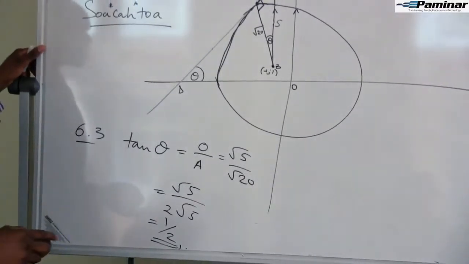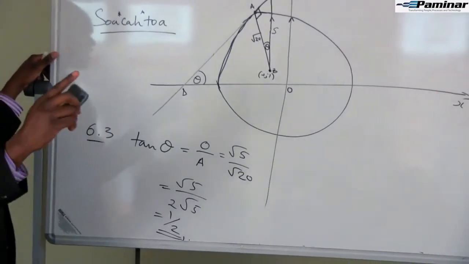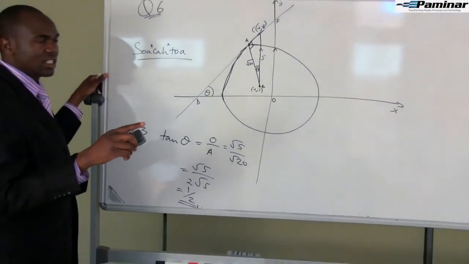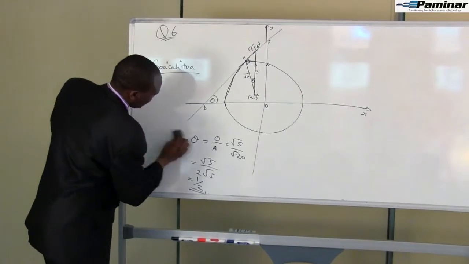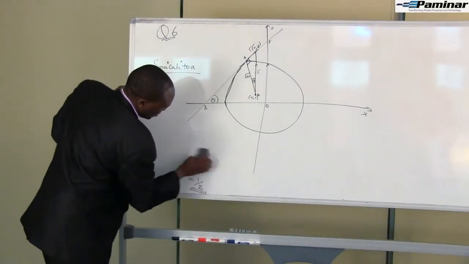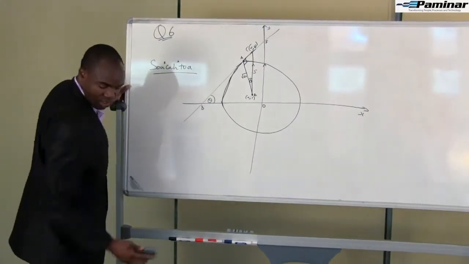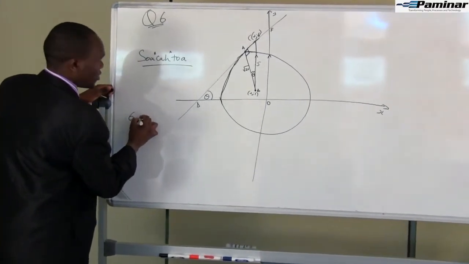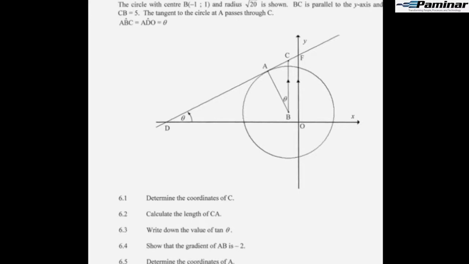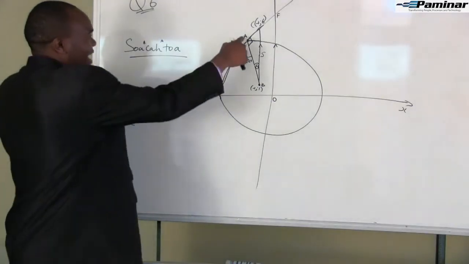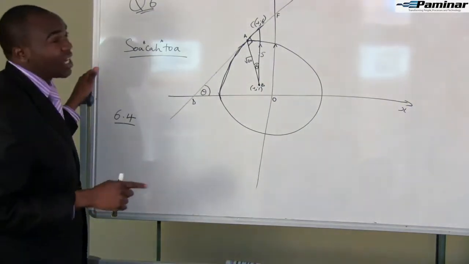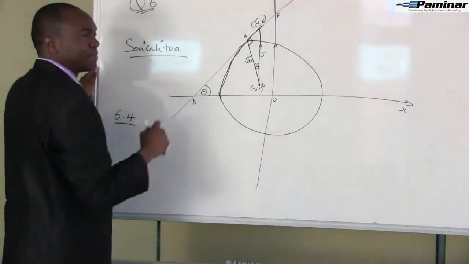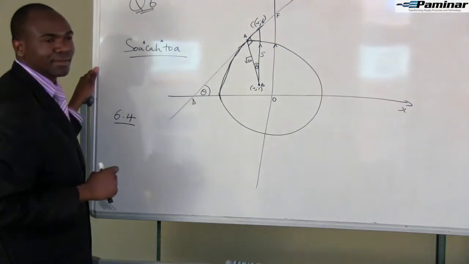Now 6.4 says, show that the gradient of AB is minus 2. Now, remember they told you this is theta and this is theta.